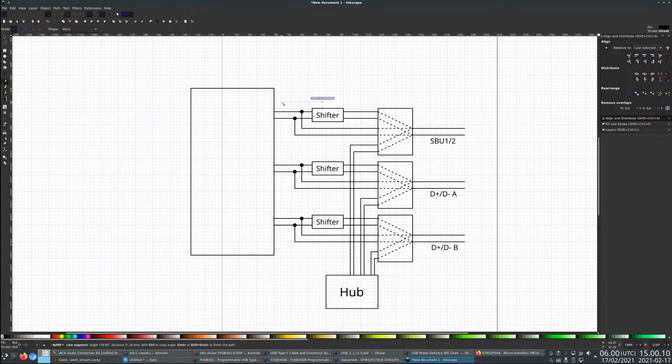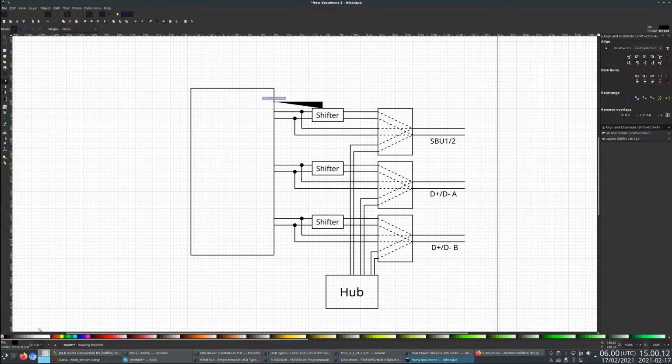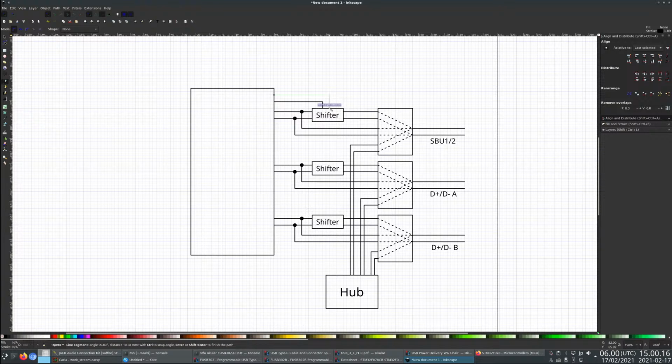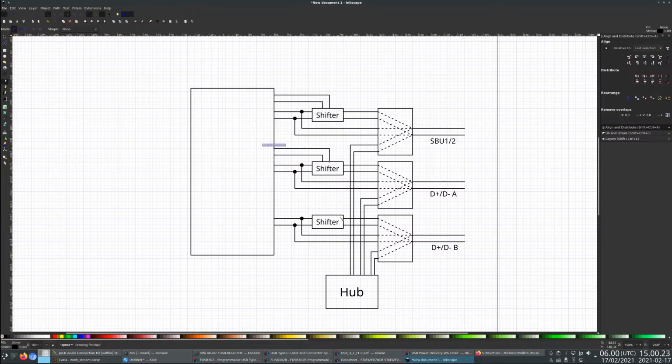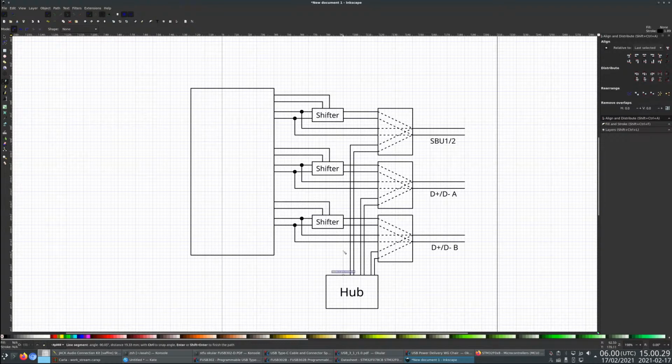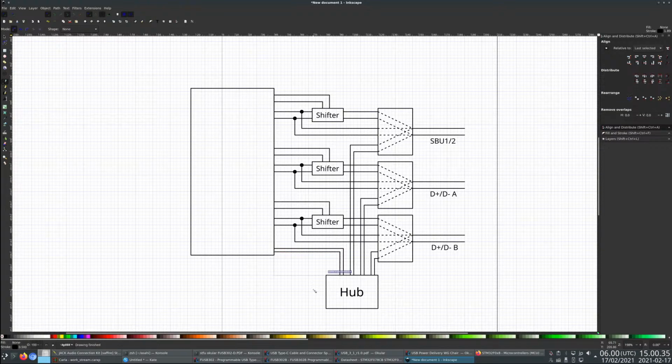So basically we'd have GPIOs for those things. And then, of course, from the hub, we would also have something coming off of the STM32 for the uplink.